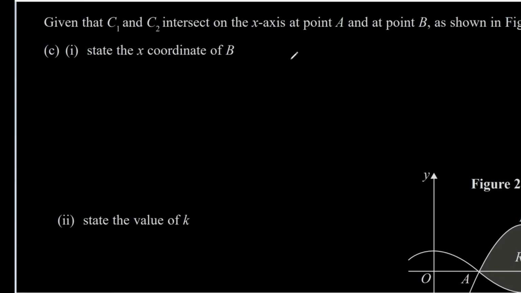The equation is already given, which is equal to 6x minus 27 over 4 minus x squared, and the simplification we have found out is 9 over 4 minus x minus 3 whole square.